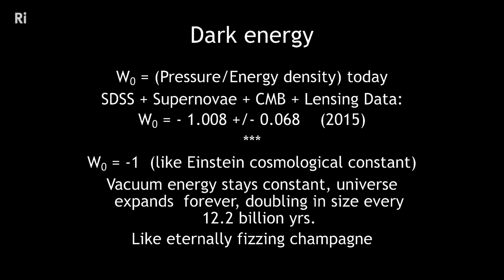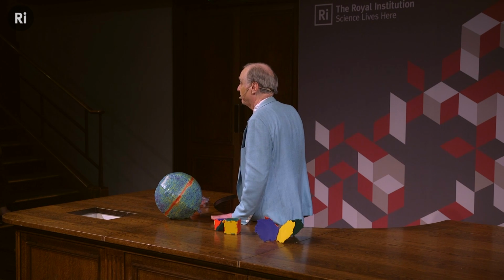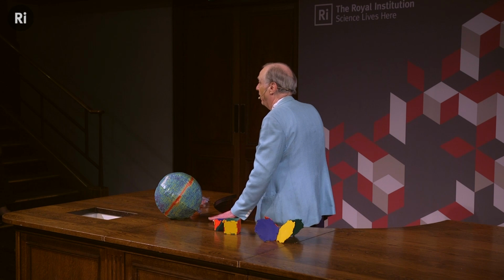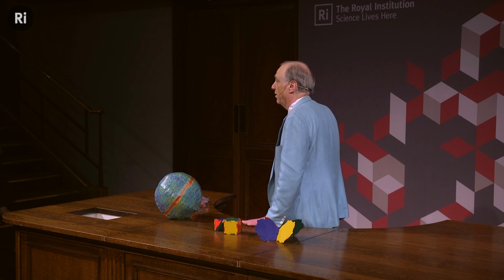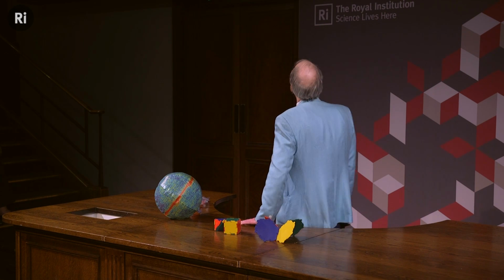Thank you again to Zwicky. And you can put this all together. And a student of mine, Zach Slepian, found a nice fitting formula to fit this data. And we can measure then the ratio of the pressure to the energy density in this dark energy, which makes up about 70% of the stuff of the universe today. And we've got about 4% ordinary matter and like 26% dark matter.